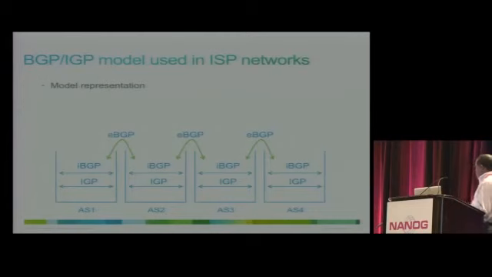So here is a model representation of the BGP. You can see here we have 4 different networks or autonomous systems, and within the autonomous system there is always IGP, and you will have iBGP peering between routers. Between autonomous systems, it's always eBGP.